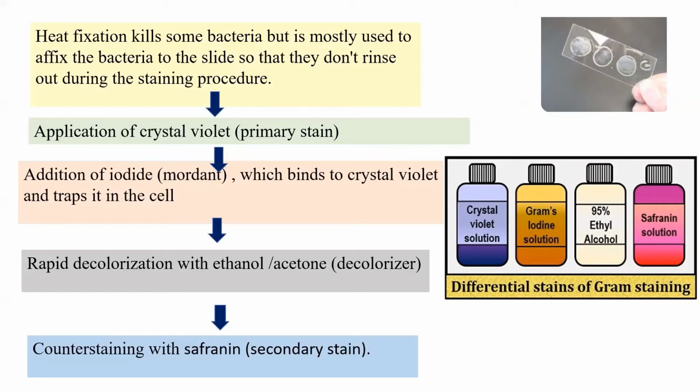Then rapid decolorization with ethanol or acetone. Here, ethanol or acetone is known as a decolorizer. And fourthly, counter-staining should be done with safranin, which is known as a secondary stain. So, the four reagents are crystal violet solution, followed by Gram's iodine solution, then 95% ethyl alcohol or acetone, and finally, safranin solution as a counter stain.